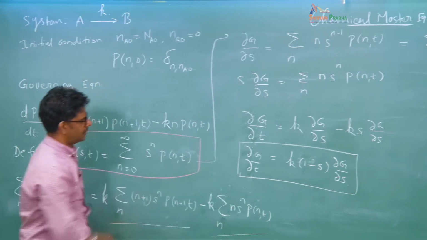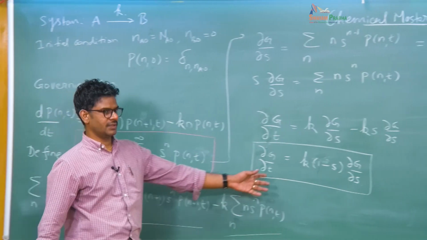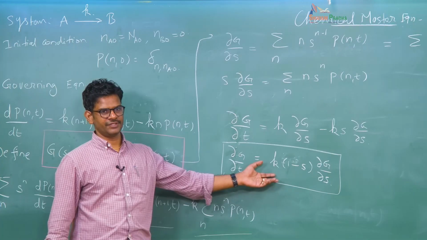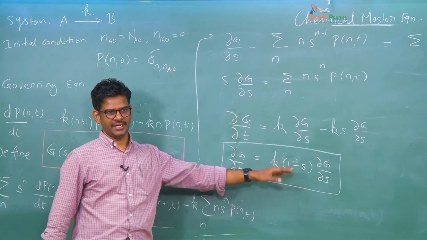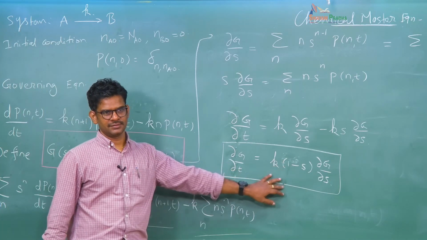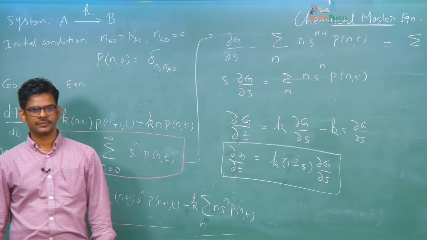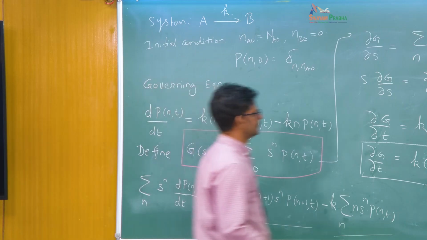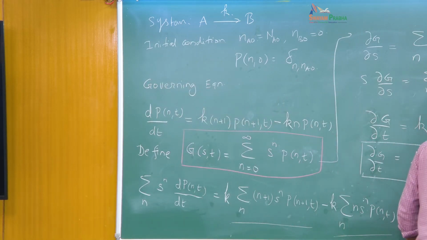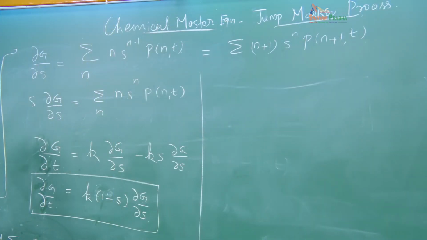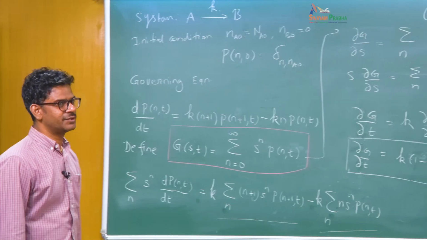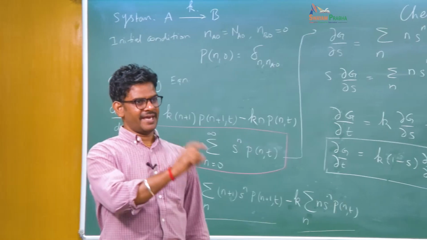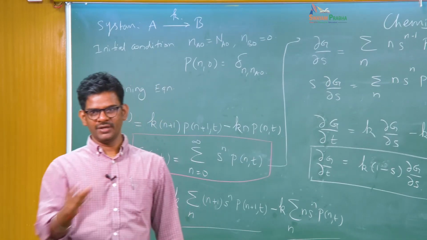Any ideas how to solve this equation? What is this? This is a linear partial differential equation. Any idea how we can solve this? We are going to use a method called the method of characteristics. So we have S and T, two independent variables.